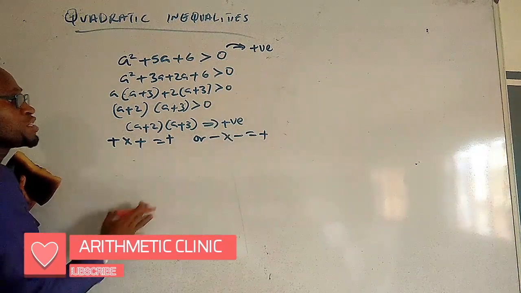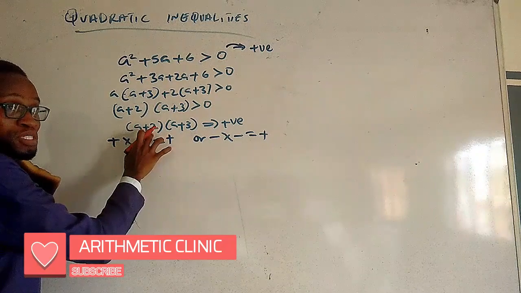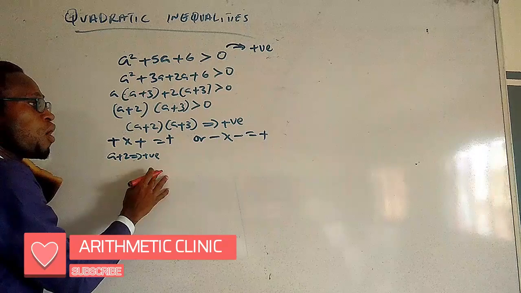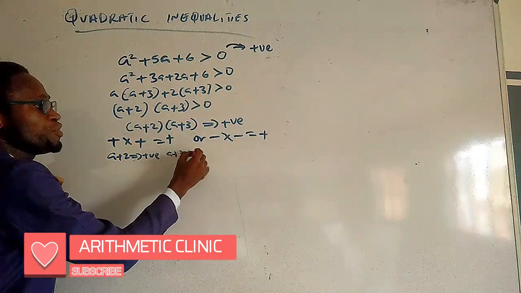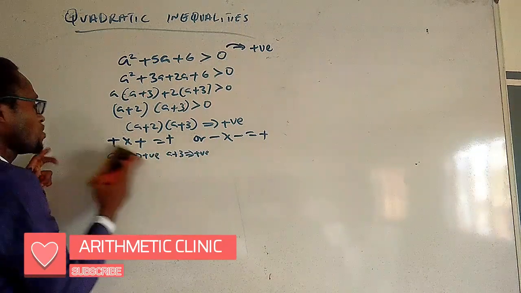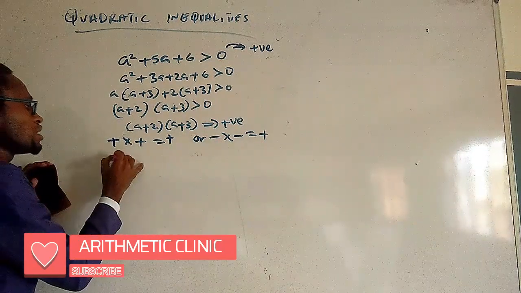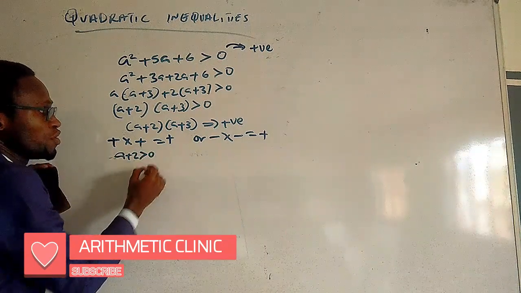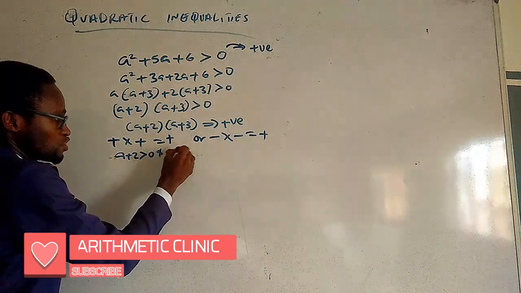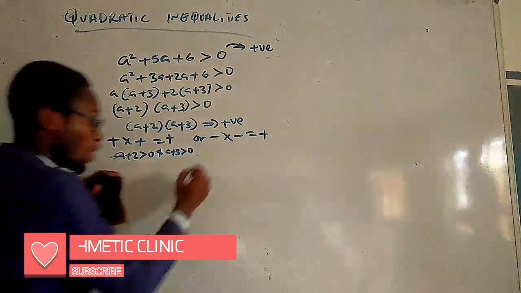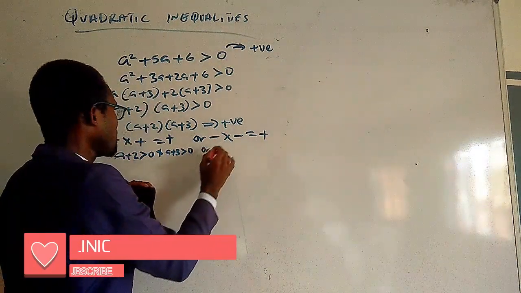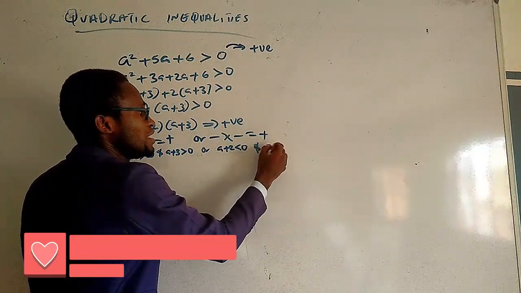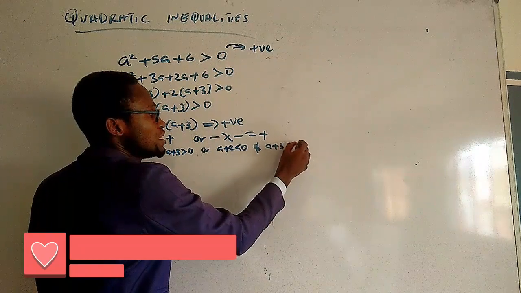So it means that it is either this person is a positive number, that is a plus 2, a positive number, or a plus 3 to be also a positive number. Now, a plus 2, for it to be a positive number, it means that it must be greater than 0, and a plus 3 greater than 0, or for it to be a negative number, a plus 2 less than 0, and a plus 3 less than 0.